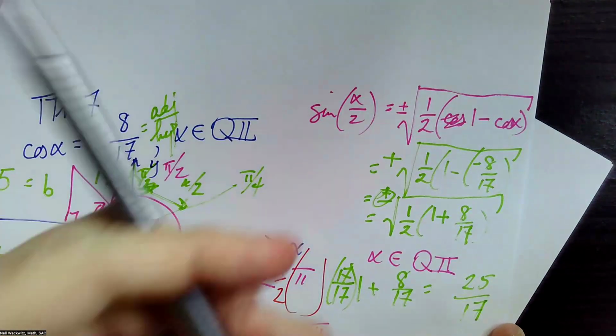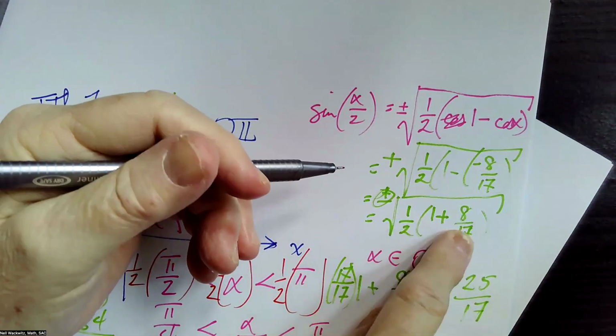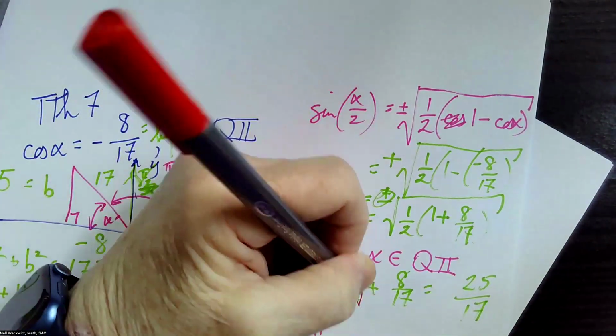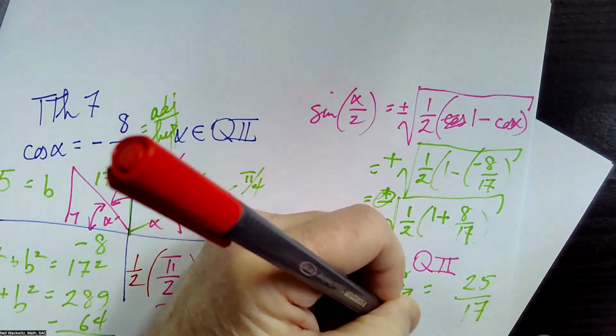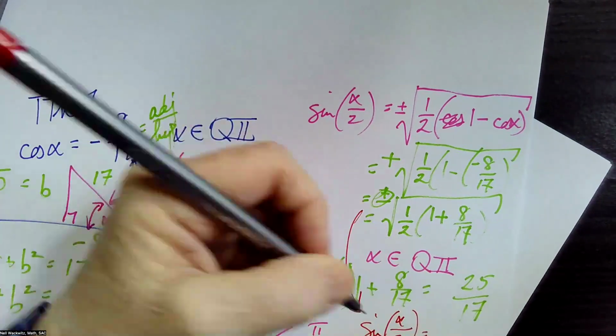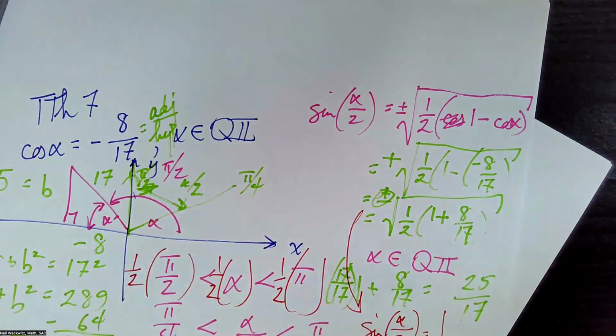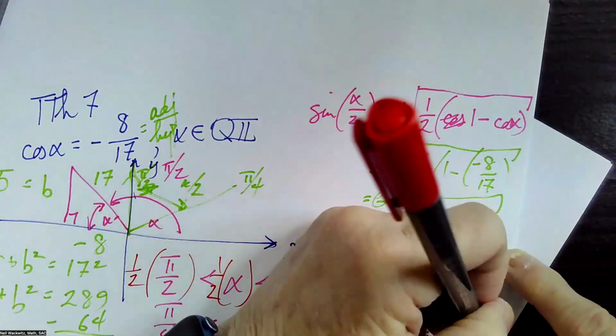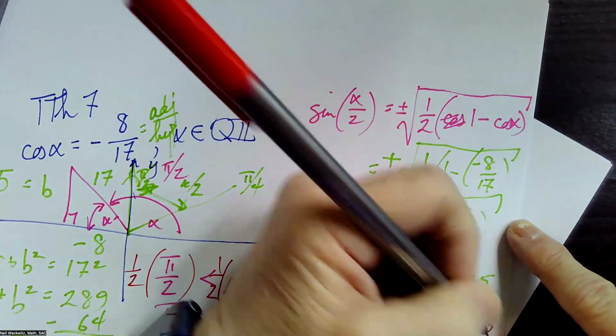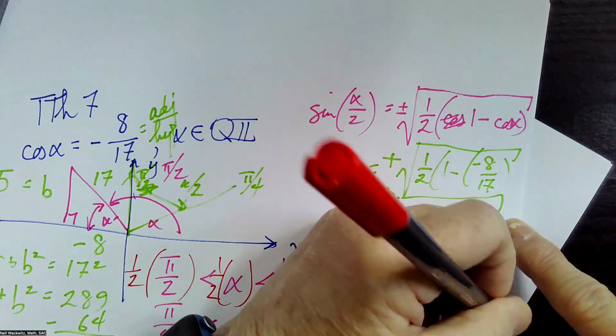And that's what I'm going to put in this 1 plus 8 over 17. So I've got the sine of alpha over 2 is the square root of 1/2 of 25 over 17.